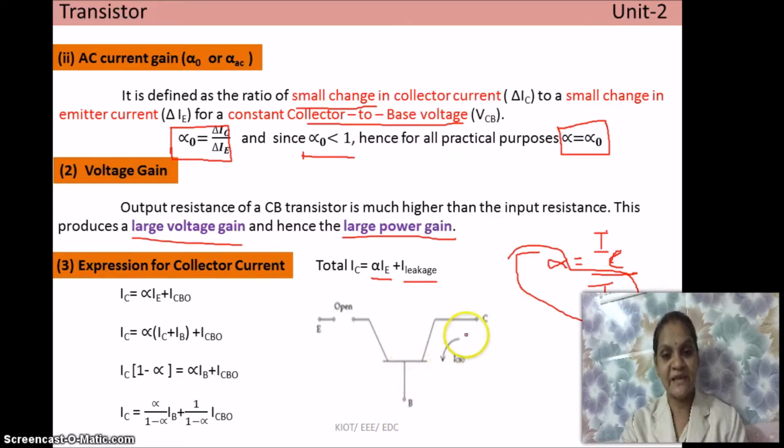The reverse biased diode normally has a small amount of current always flowing through it, which is mainly due to minority charge carriers. That current is called the reverse saturation current. We have discussed this in diodes itself. That current is represented as I leakage here.